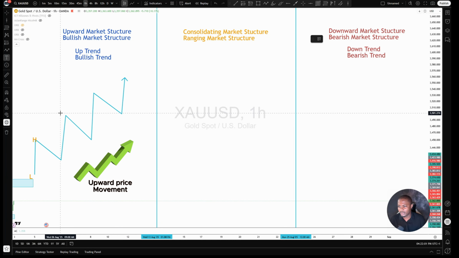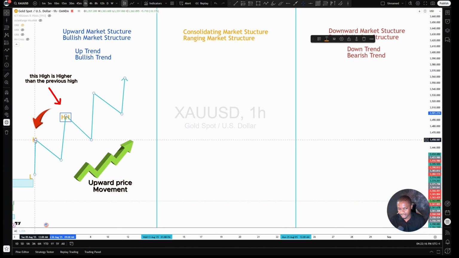Then this up here will be the higher high. We'll use the abbreviation HH, which is higher high. The reason why we're calling this a higher high is because this high here is higher than the high here. Then we call this point down here a higher low, because this low point here is higher than this low here.